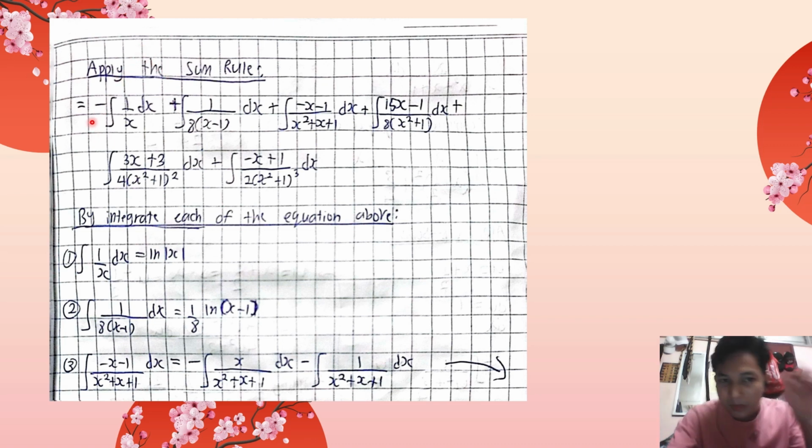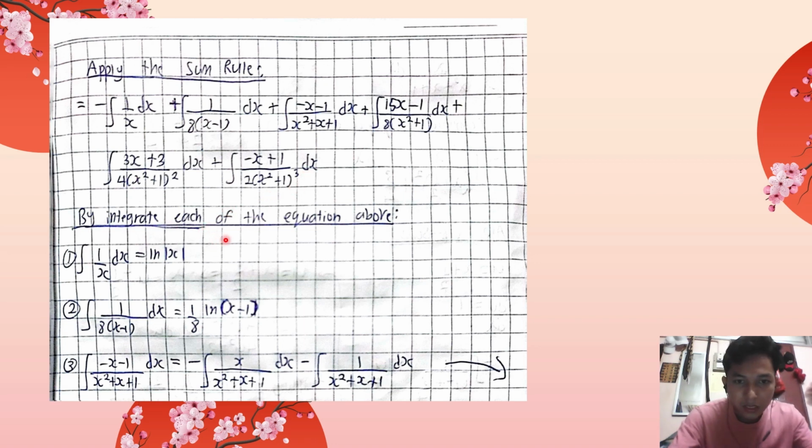Here we can see negative integration of 1 over x dx, plus integration of 1 over x bracket x minus 1 dx, plus integration of negative x minus 1 over x to the power of 2 plus x plus 1 dx, plus integration of 15x minus 1 over 8 bracket x to the power of 2 plus 1 dx, plus integration of 3x plus 3 over 4 bracket of x to the power of 2 plus 1 to the power of 2 dx, plus integration of negative x plus 1 over 2 x to the power of 2 plus 1 over 3 dx.